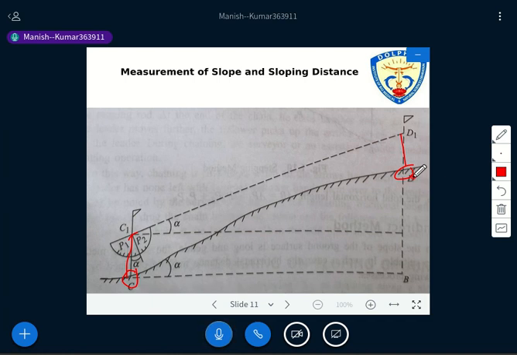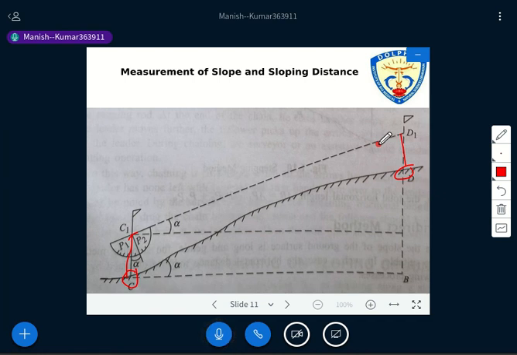Is it clear? Now you have to fix the clinometer at point C1, and then incline the clinometer gradually until P1, P2, and D1 are in the same straight line.